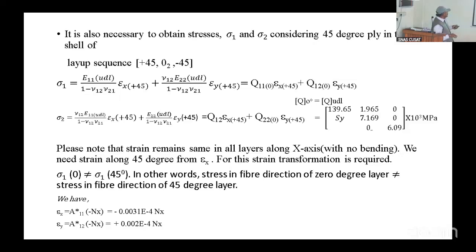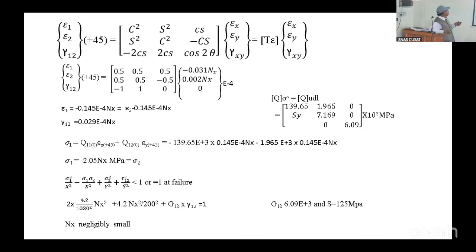So in this equation, if you substitute this value, you will get a value of this. This is the earlier thing, x. Epsilon x is the x direction. Now we want the 45 direction. So we want epsilon x at 45, whereas we have only the global one. So you have to transform the strain to the 45° direction. For that, you have the transformation equation, which we have derived.